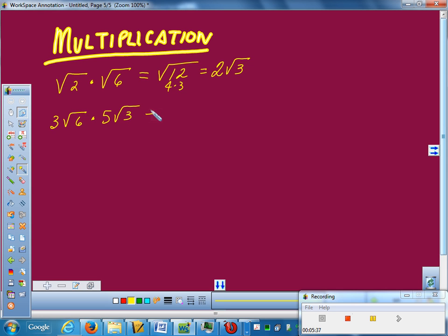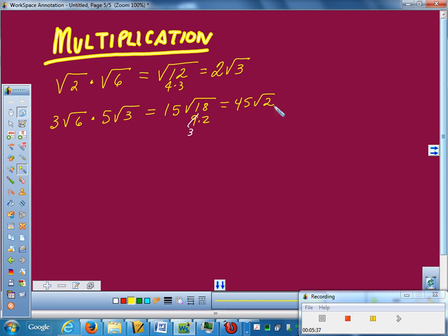So outside numbers are going to be 15. Inside numbers are going to be square root of 18. Are you done? Is that simple? 18 would break down as 9 times 2. And so if I take the 9 out, I'll really have 3 times the 15 out front. And 3 times 15 would be 45 square root of 2.